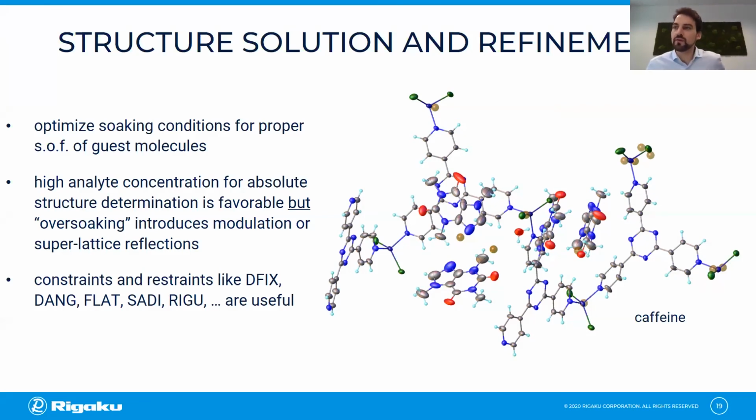Do you have any experience of different levels of purity of analyte solutions that have been tried? So soaking conditions with impurities may happen? Yeah, in fact, the crystal sponge will soak up basically everything that is very hydrophobic.